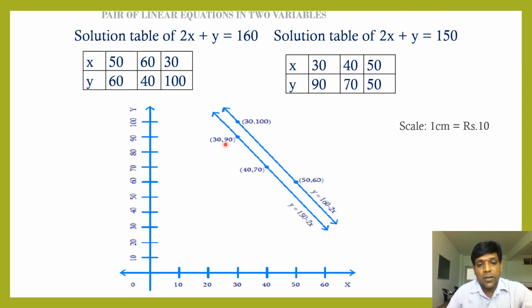So what do you observe? These two are what type of lines: intersecting lines, parallel lines, or coincident lines? These two are parallel lines.